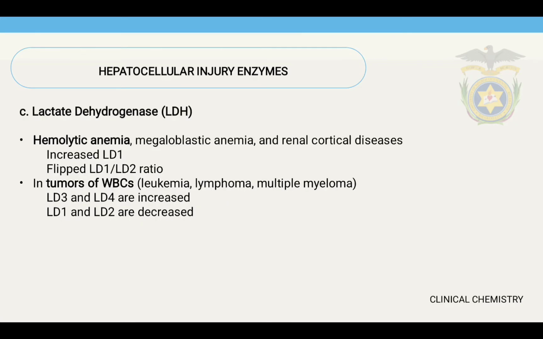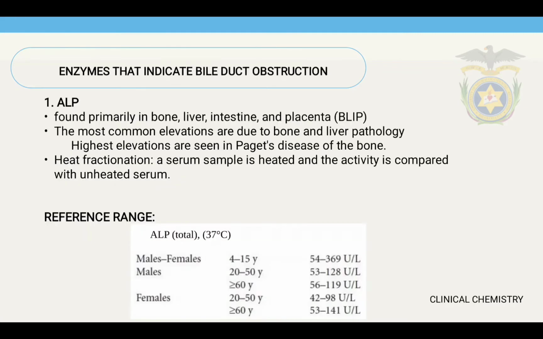In cases of hemolytic anemia, megaloblastic anemia, and renal cortical diseases, there's also an increase in your LD1 and a flipped LD1 to LD2 ratio. In tumors of your WBCs such as leukemias and lymphomas, LD3 and LD4 are increased, while your LD1 and LD2 are decreased.